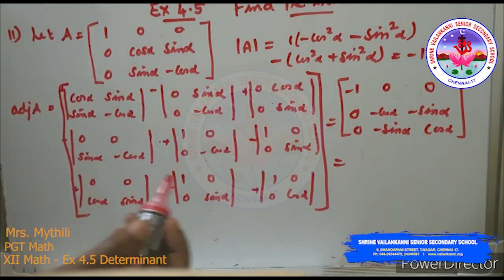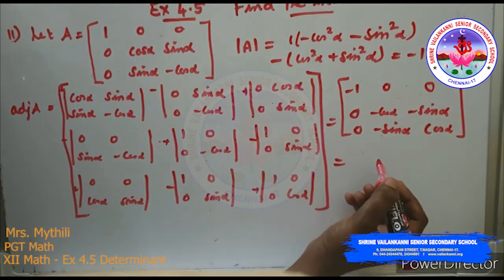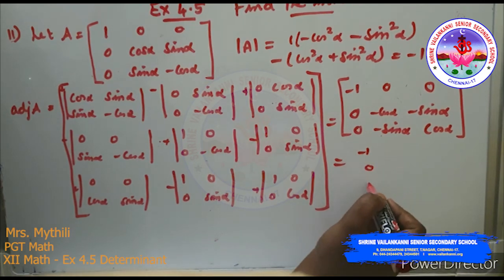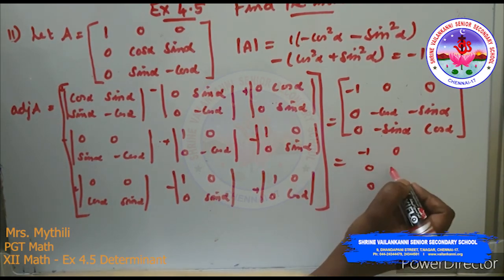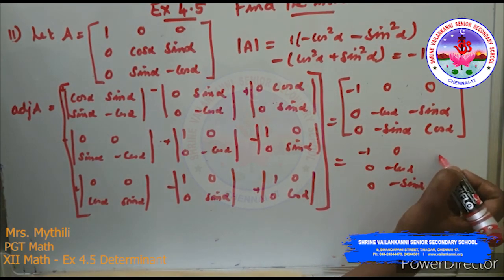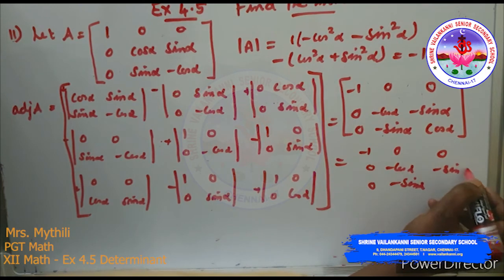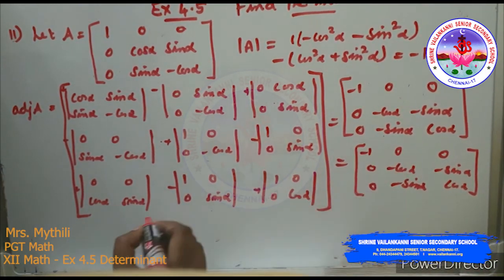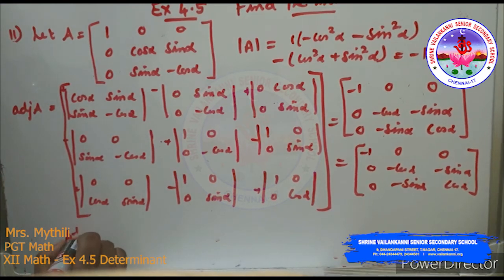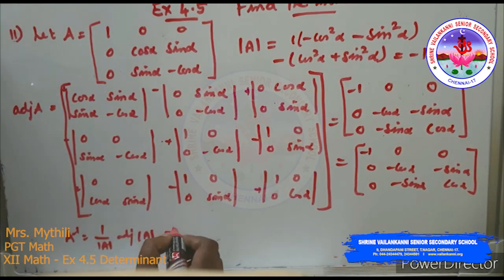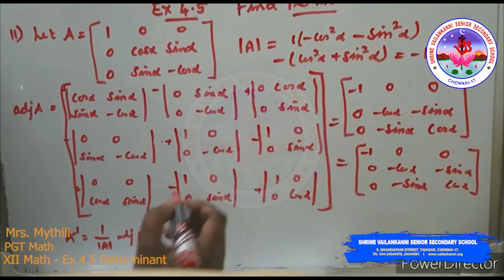So then here we have to transpose this matrix. So minus 1, 0, 0, 0, minus cos alpha, minus sin alpha, 0, minus sin alpha, cos alpha. Then A inverse is 1 by determinant of A into adjoint of A. Determinant of A is minus 1.